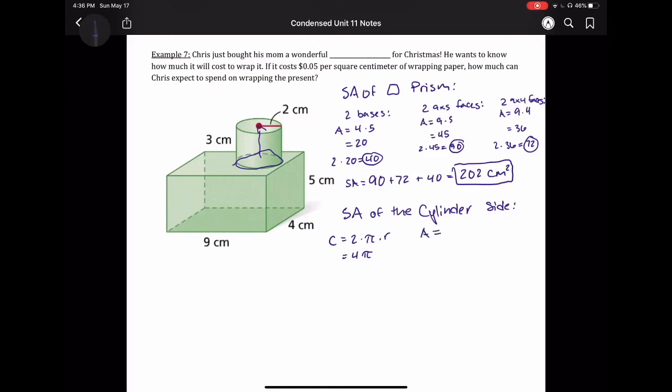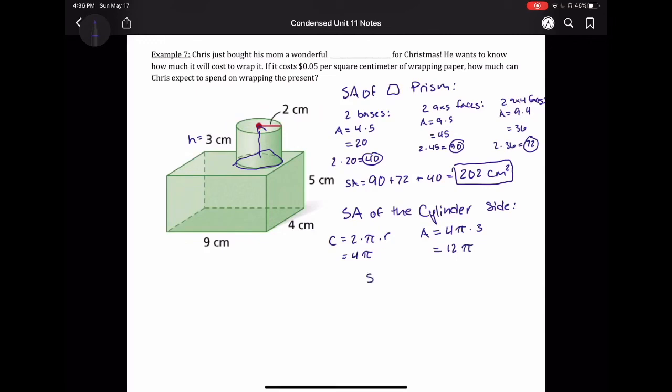Area of the rectangle is length times width, or base times height, however you want to put it. The height of the rectangle is going to be 3, so my base, 4 pi, times 3 gives me my total area of 12 pi. Now I'm going to multiply that out.